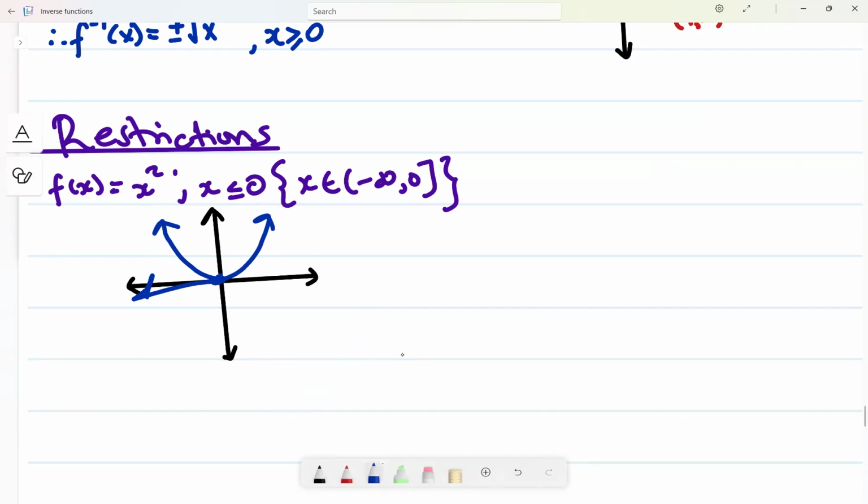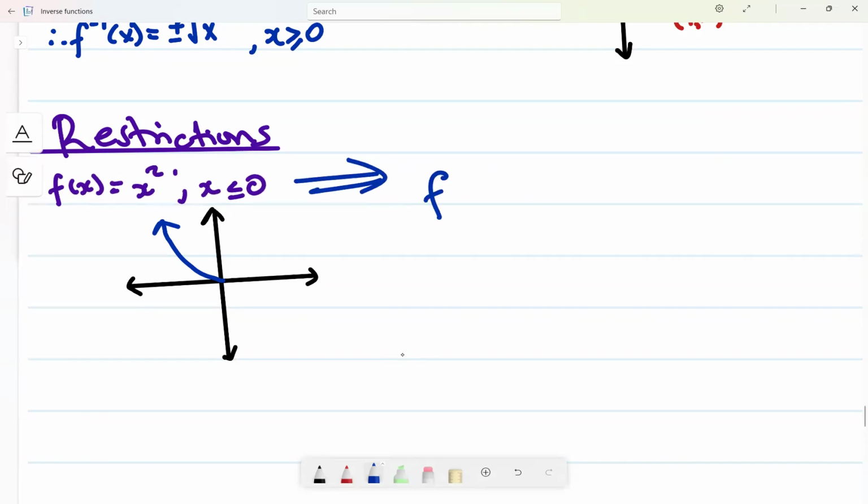So what does this mean? It means I need to erase a part that I don't need. Which one is that? The right one. So this is me drawing f of x, where f of x is equal to x squared when x is less than 0. Now remember, what did we get for the inverse?